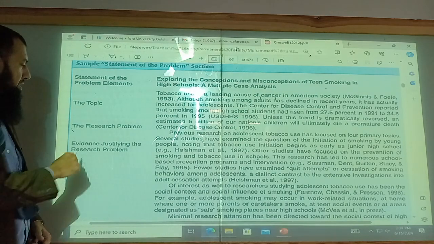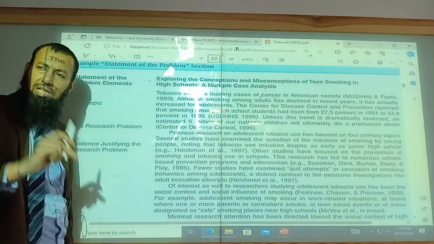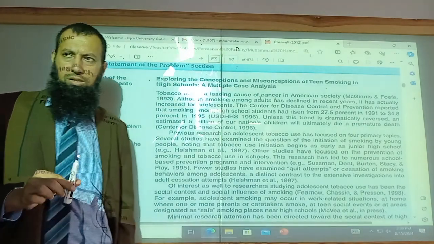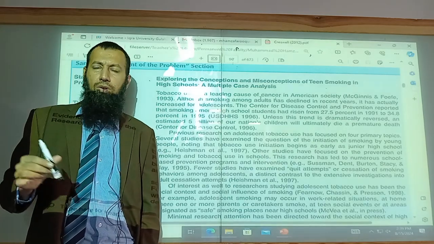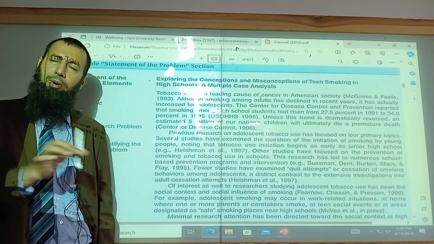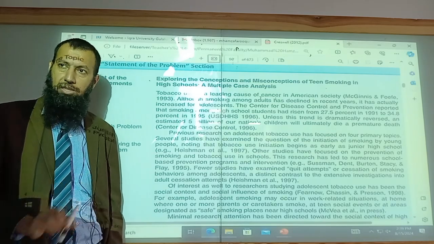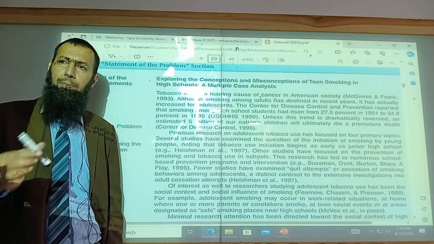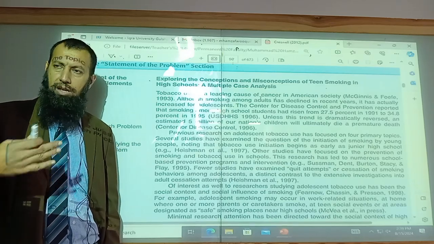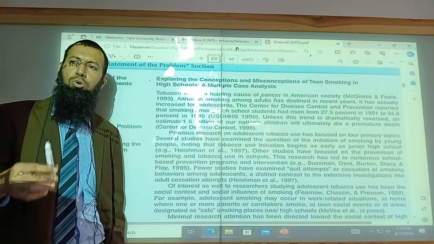Okay, when we talk about the evidence justifying the research problem, evidence means evidence in the literature. Not evidence of the common people, evidence from the literature. When we talk about the literature, it is peer reviewed journal publications. What is peer review? Peer review is when multiple experts review the paper and then say it is good to go.